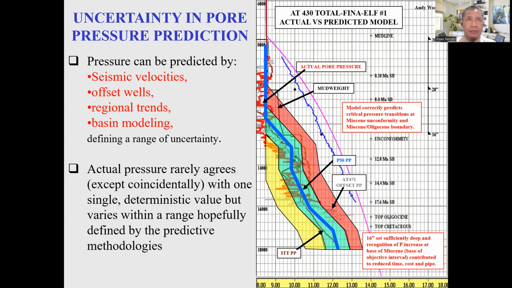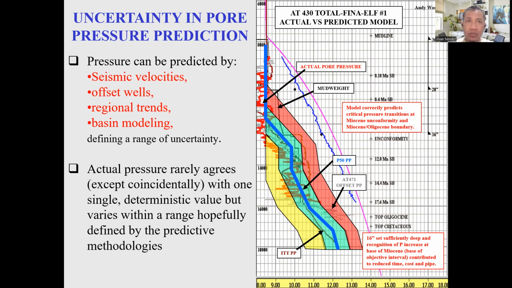So, back to the uncertainty in predicting pore pressure, which is the pressure exerted by the fluid within the rock formation, it can be addressed using various methods. These methods include analyzing seismic velocity, studying data from nearby wells, considering regional trends, and utilizing basin modeling.